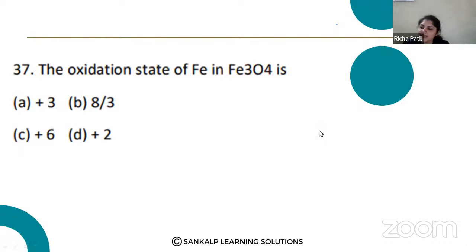Next, the oxidation state of Fe in Fe3O4. You have to find the oxidation state of Fe. How many atoms of Fe are there? 3. So you have to write 3x plus 4 into minus 2 equals 0.